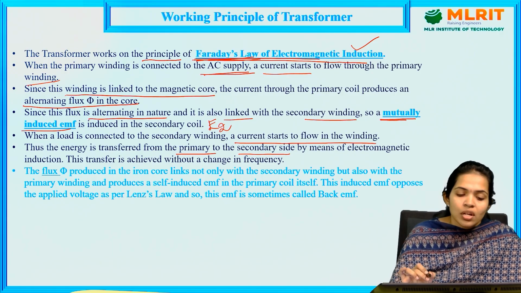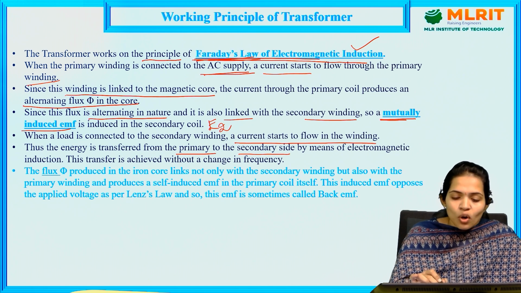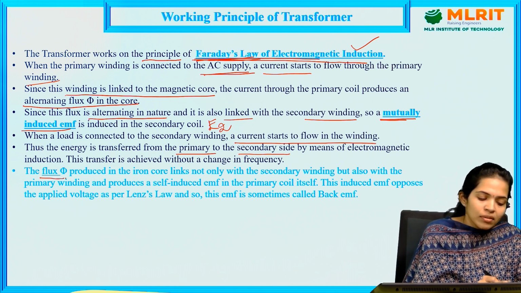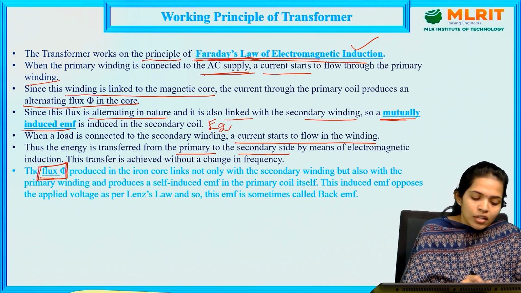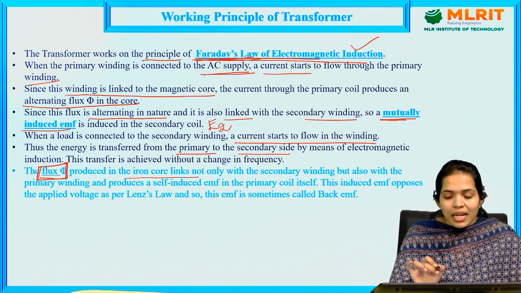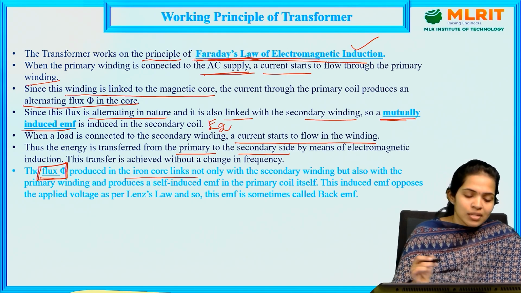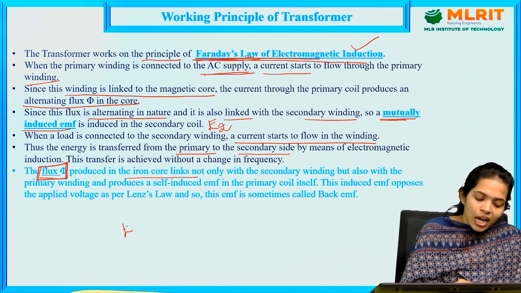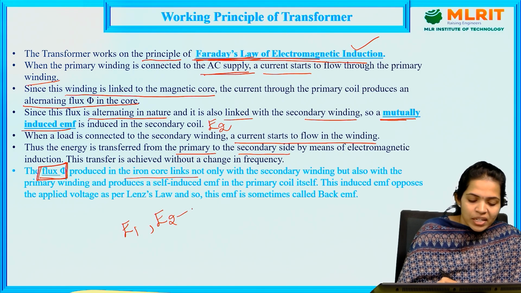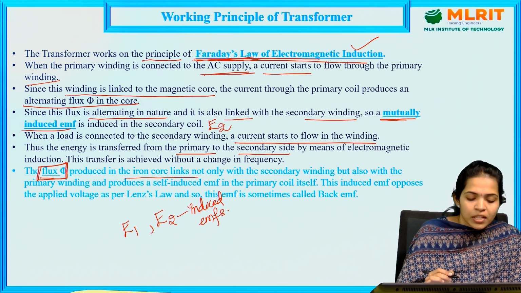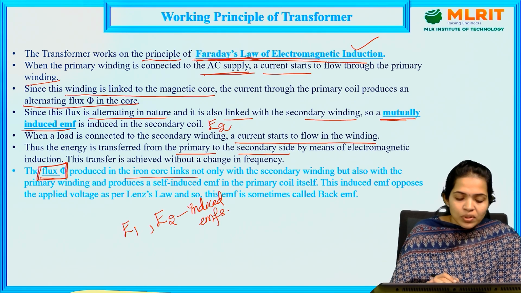So in this entire operation, we see the main thing, the flux which is flowing through the common magnetic core links not only the secondary winding, but also there is E1 and E2, which are the respective induced EMFs in the primary and secondary parts of the transformer.